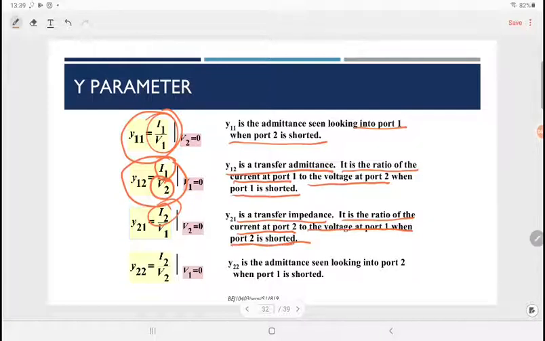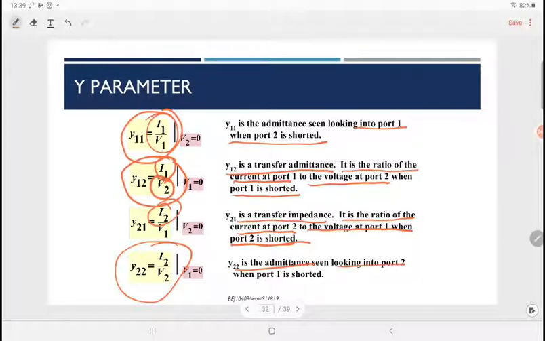And the last one, we have Y22. Y22 is actually I2 divided by V2, both the output current and output voltage, right? So Y22 is known as the output admittance.